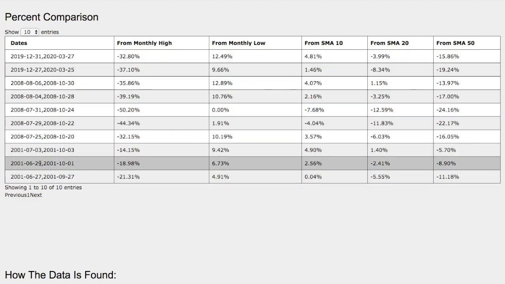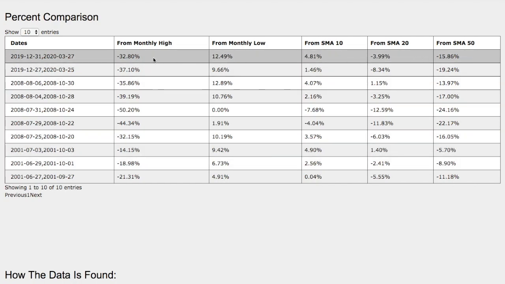And the trend that we just examined, June 29, 2001 to October 1st, 2001, back then the S&P 500 was only down 19% from monthly high, up 7.7% from monthly low, up 2.5% from 10 simple moving average, down 2.4% from 20 simple moving average, and down 9% from 50 simple moving average. So we do see a decrease, increase, increase, decrease, and decrease, a similar pattern to what we saw here in the current trend.